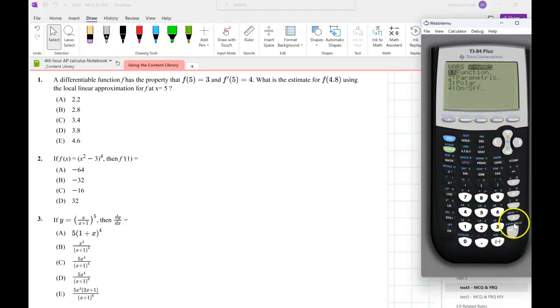And if I do y2 evaluated at 2, I should get the same value, right? And if I want that as a decimal, same decimal, right? What should that tell me? Pretty confident that I have the right answer.